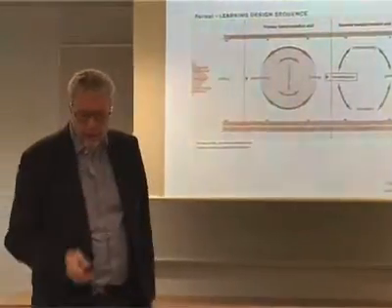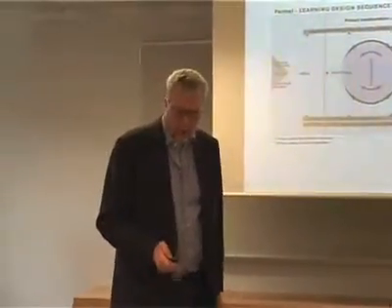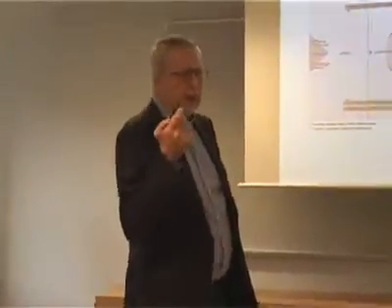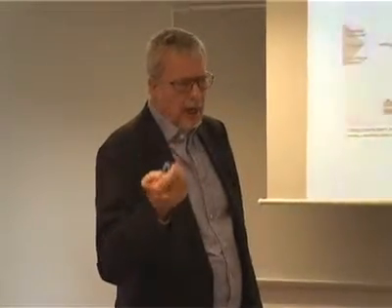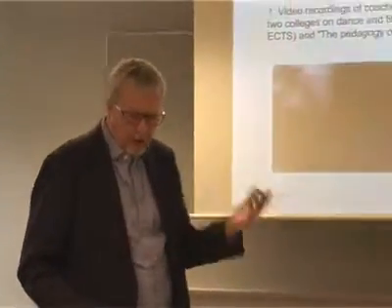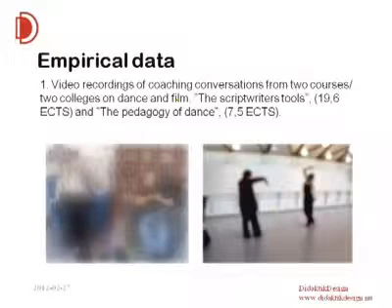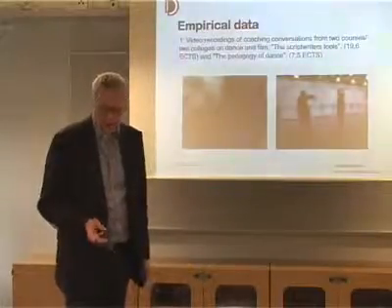I will now give you an example from a case where we studied higher education in aesthetics. So it's one course in drama at Dramatiska institutet, and one course in dance at the Dance Institute in the University of Dance and Circus nowadays.